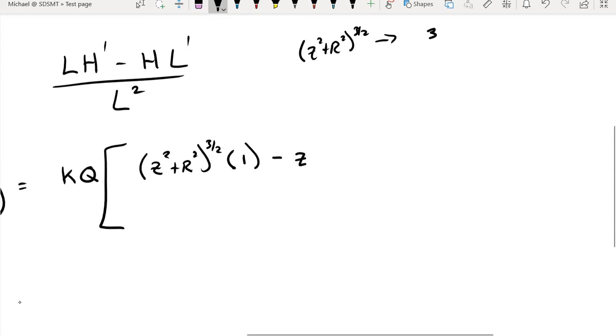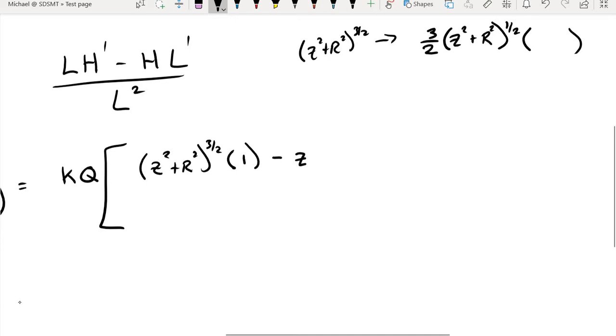We have 3/2 (z squared plus r squared), and then we have to reduce the power by one, so 3/2 minus 1 is going to be 1/2, and then we have to take the derivative of the terms inside our parenthesis set, which is z squared plus r squared.